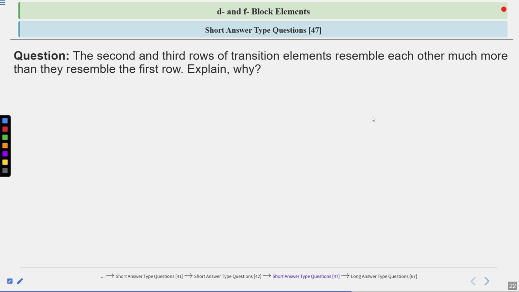So we are saying that the second and third rows, that means the 4d and 5d series of transition elements, resemble each other much more than they resemble the first row, that is the 3d series. Why is it so? You have to explain. You are provided with some time. Try to analyze this question, then we will see what its correct answer is.